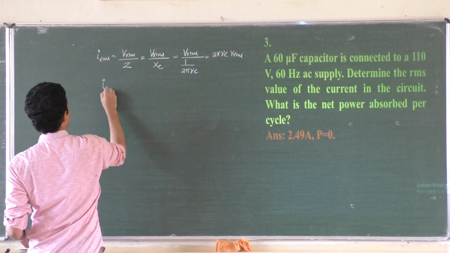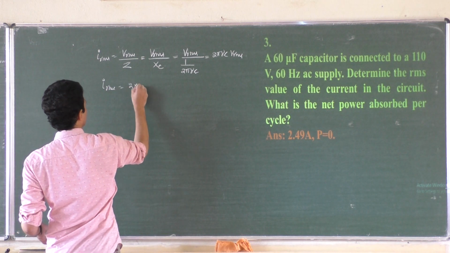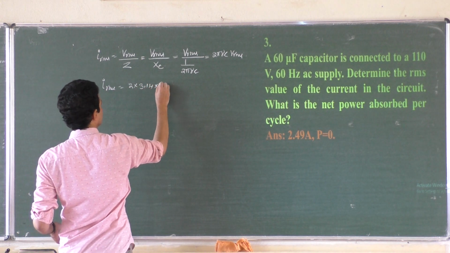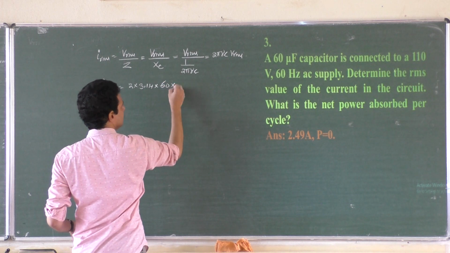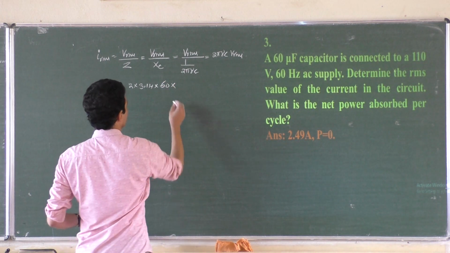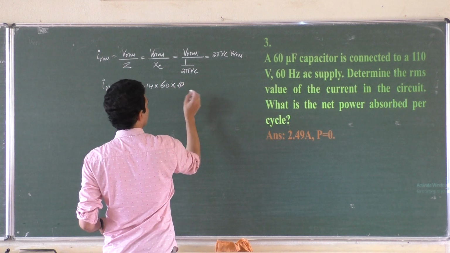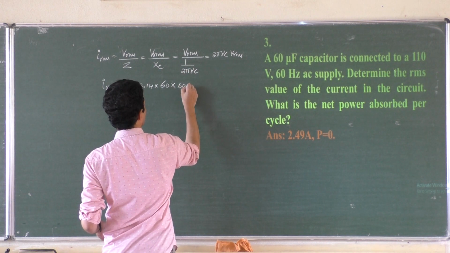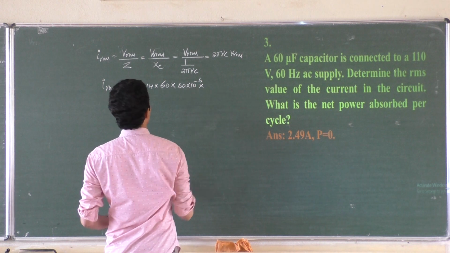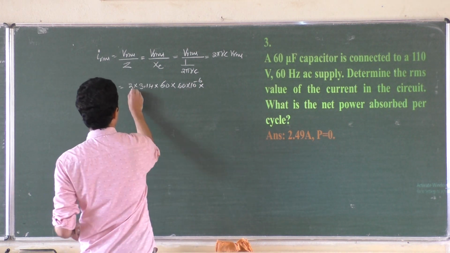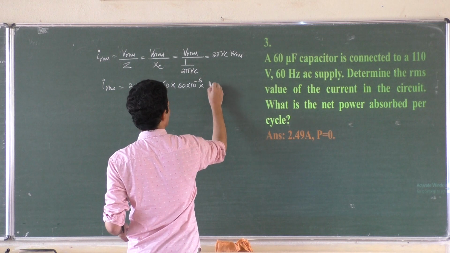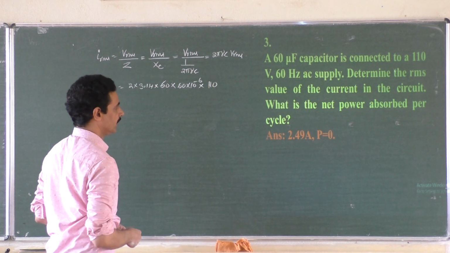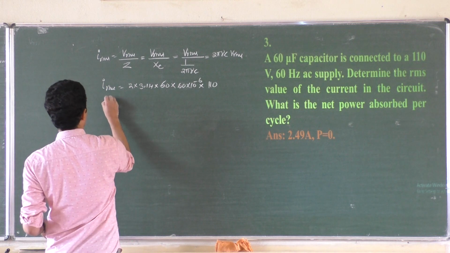So IRMS is equal to 2 pi nu, 60 hertz, C, a 60 microfarad capacitor, VRMS connected to 110 volt. So what is the value of current in the circuit?